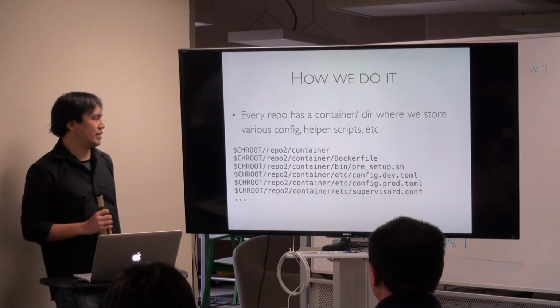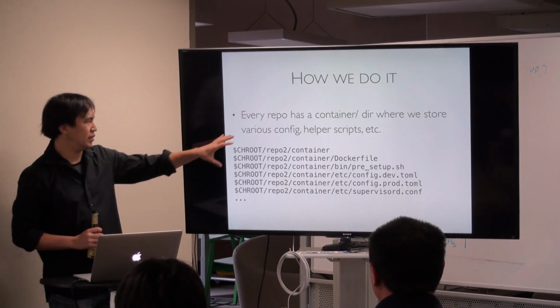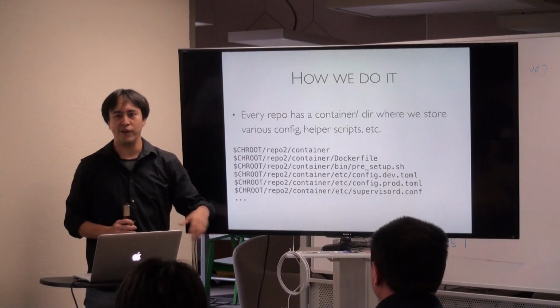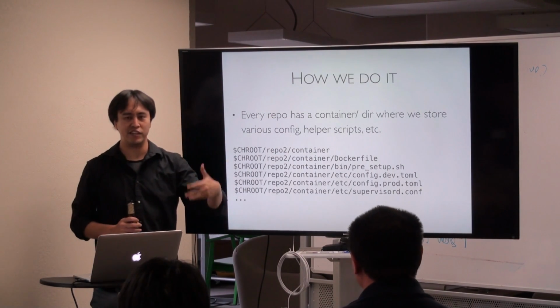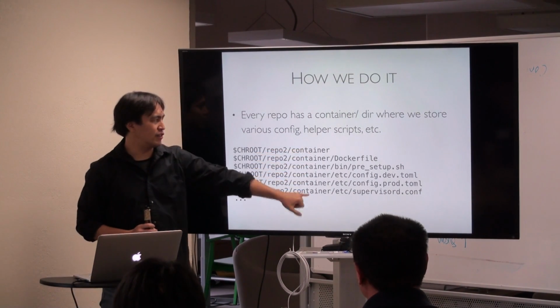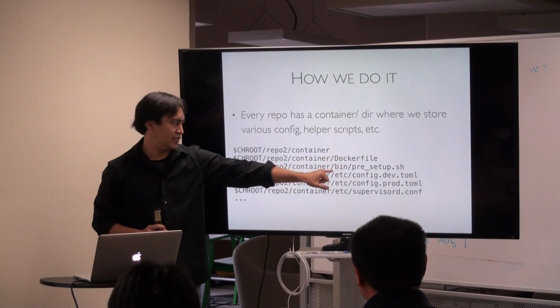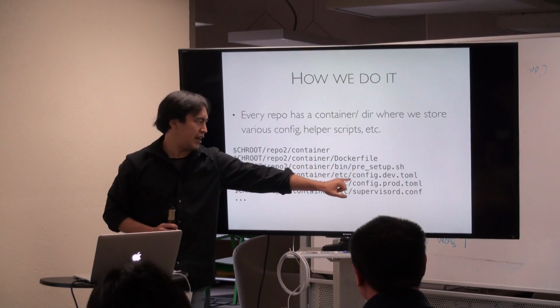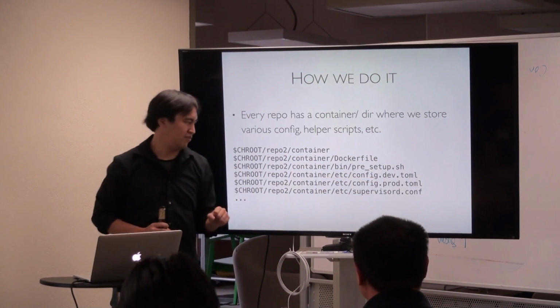So how we do it currently, and we'll go back to how we used to do it after this, is that every repo, every Go project that creates a server, or every Java project that creates a component in the SOA, has a container directory at the root level of the repo. Inside it has the Docker file, setup scripts, and config for different stages: dev config, staging config, production config, things like that.